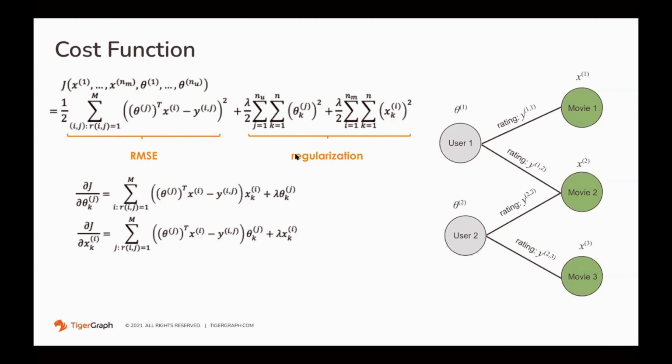And then we add regularization so that we don't overfit our model when returning movie recommendations. In the regularization, lambda is the regularization factor by which we run this algorithm. The formulas after that are the gradient descent for this particular algorithm.